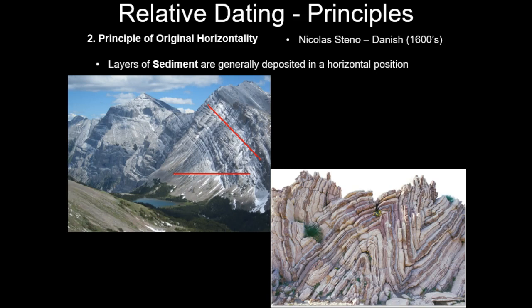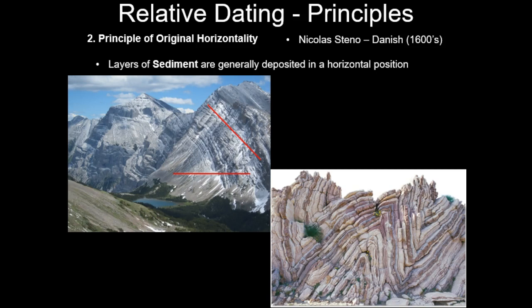Lava flows are a little bit different depending on where they flow from. But originally, most sediment and most surface deposited layers are going to be deposited in a horizontal position. So if the layers that we look at are flat, then they haven't been disturbed or deformed very much, is what the principle kind of states.